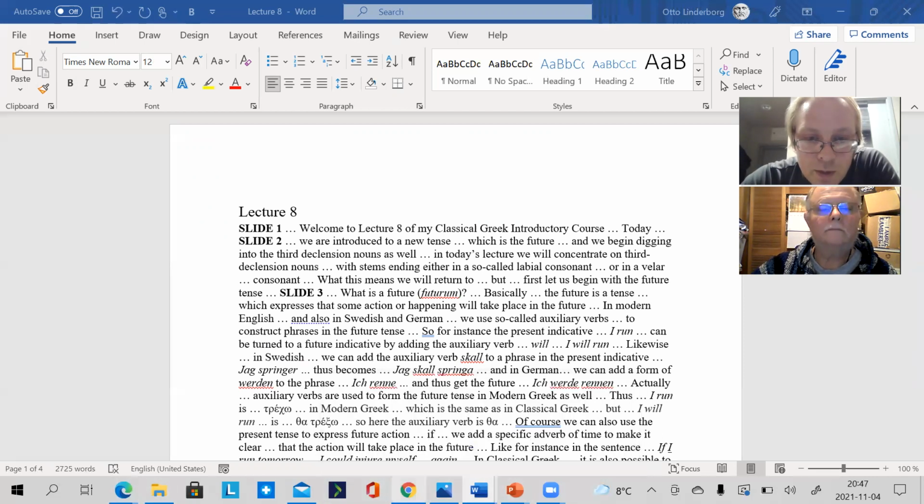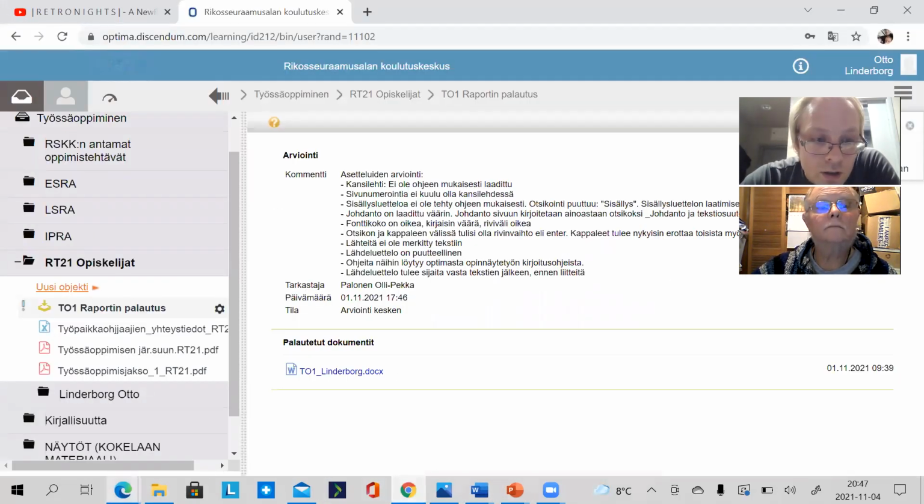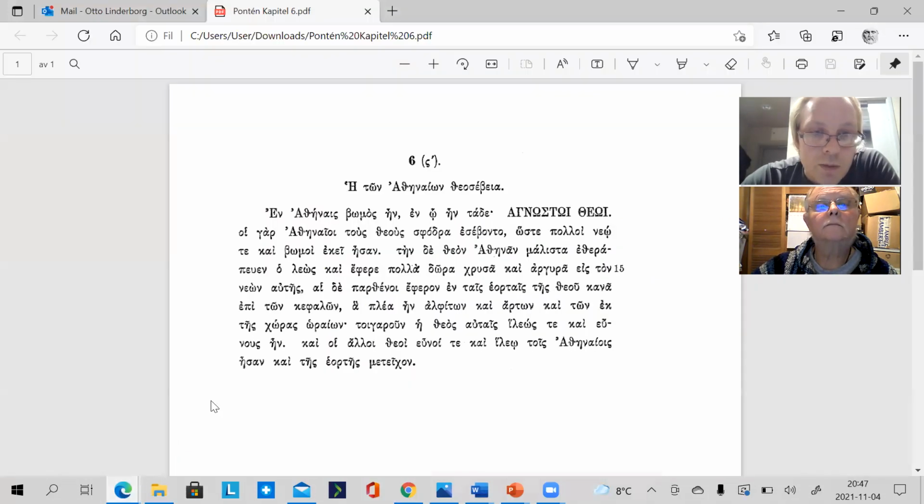But let's go back to the chapter. So far you translated it without any problems whatsoever, completely correctly. And this is not a very easy text either. So let's see if we can make it to the end.